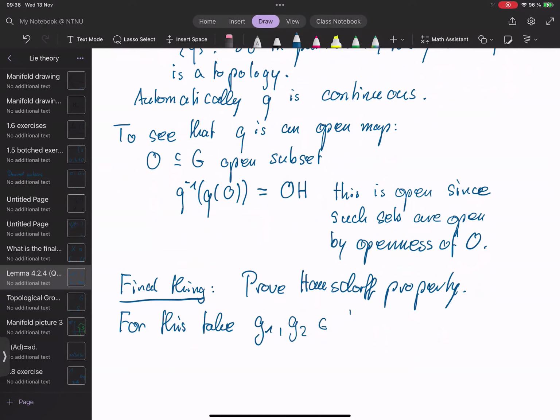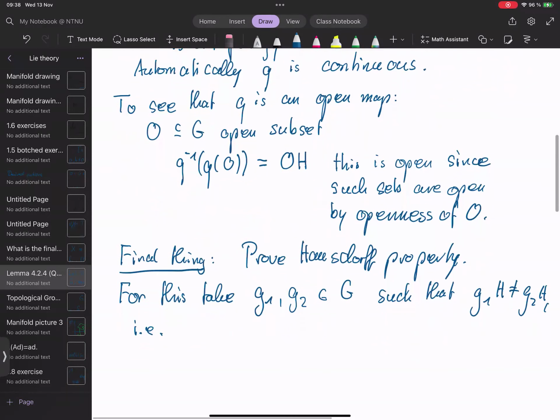So let's just take two points such that the coset of one of them is not equal to the coset of the other. Note that this actually is equivalent to g1 not being inside of the coset of g2.